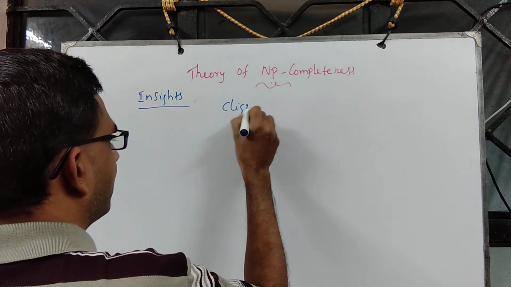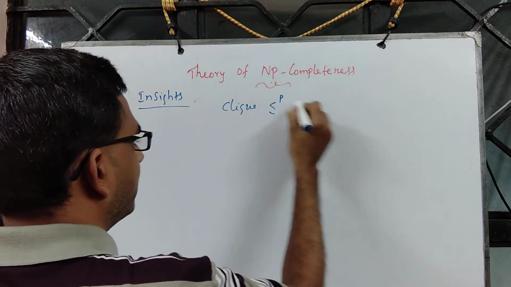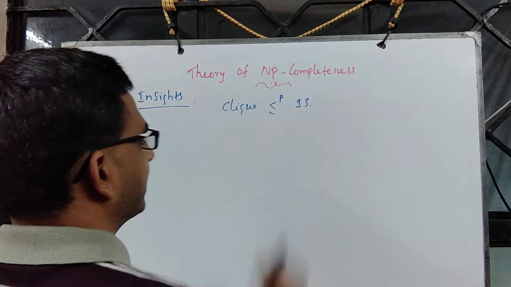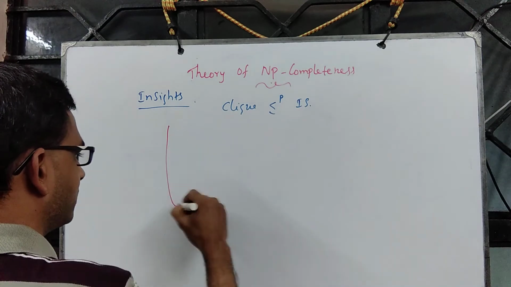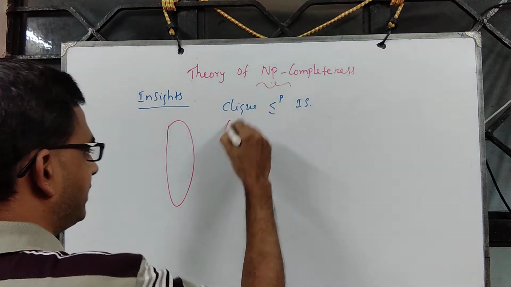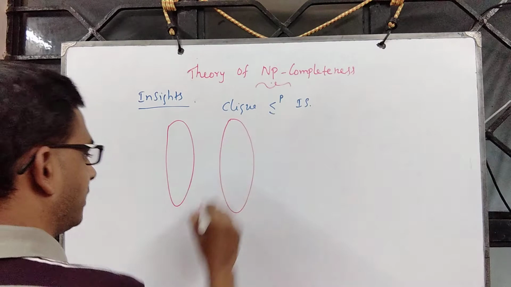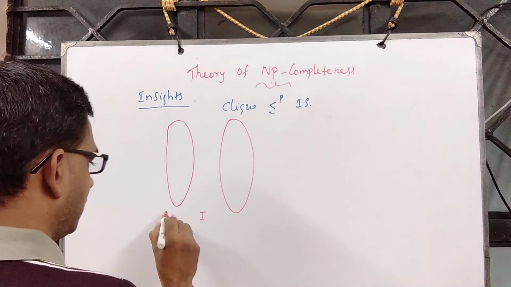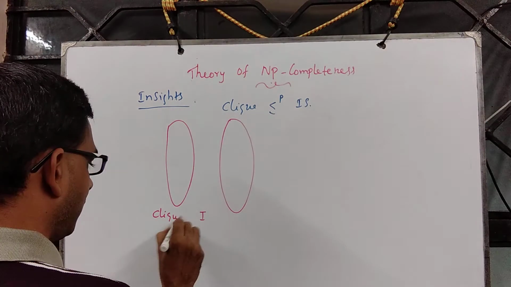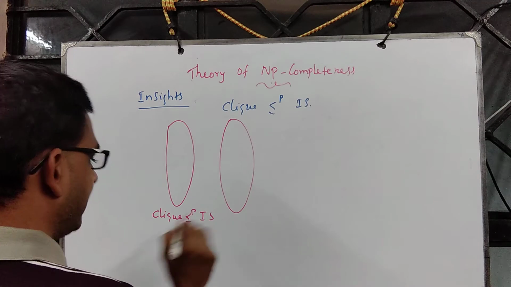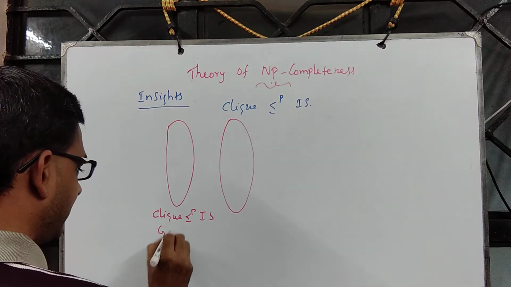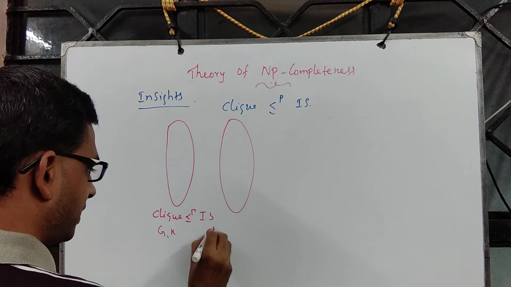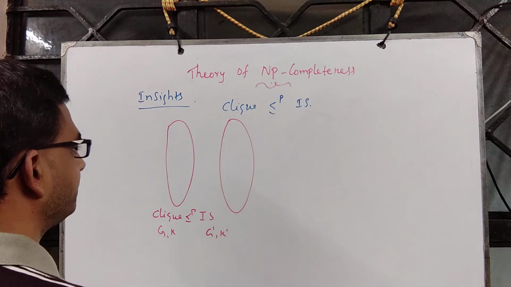We said clique polynomially reduces to independent set. So if you closely observe this, what is it that we do as part of the function? An instance of clique is G comma k, and this one is G prime comma k prime.